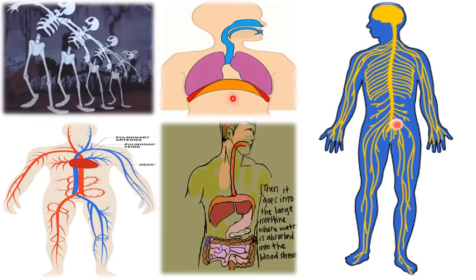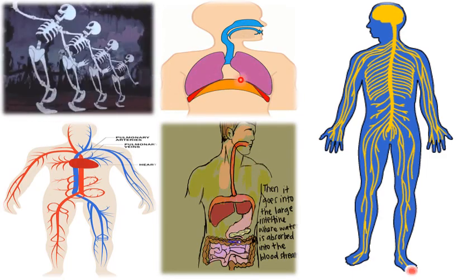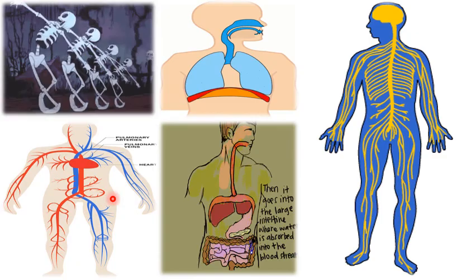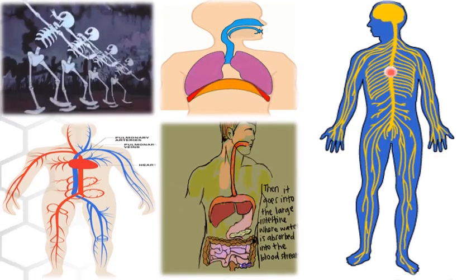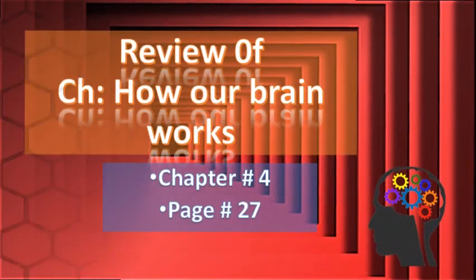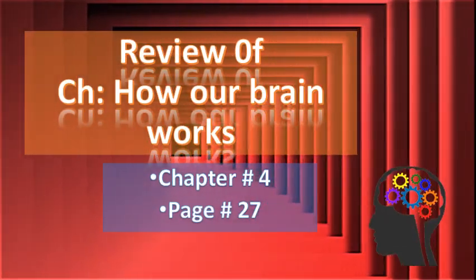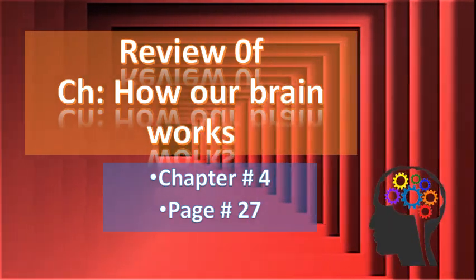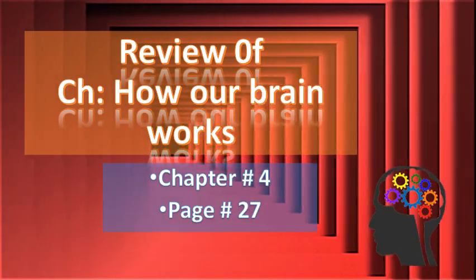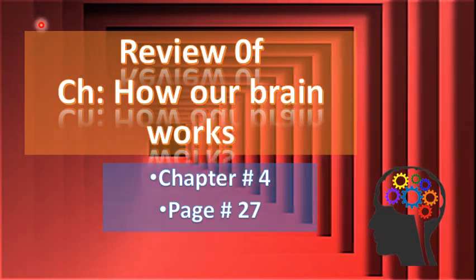Now in this chapter, what kind of system are we going to learn? Let's start with the name of the chapter. So students, the chapter which we are going to review this week is how our brain works.